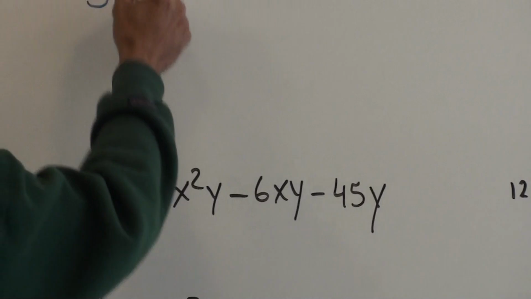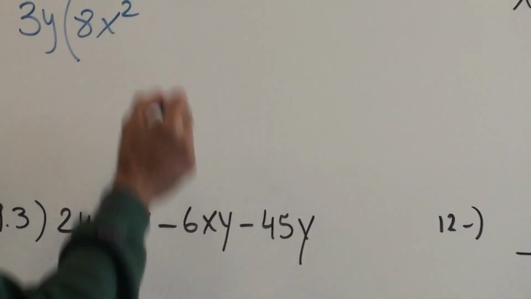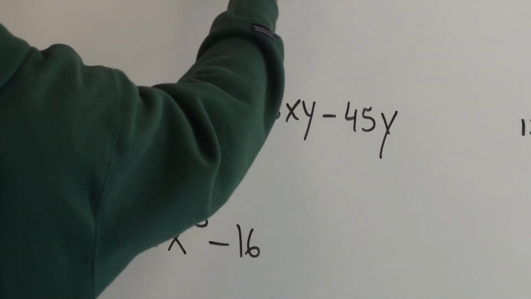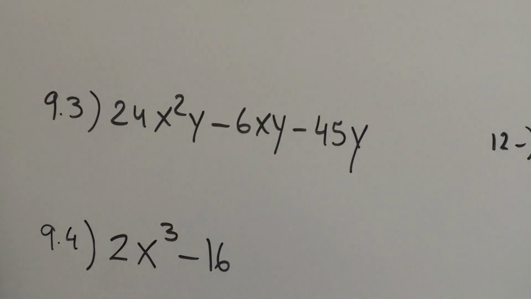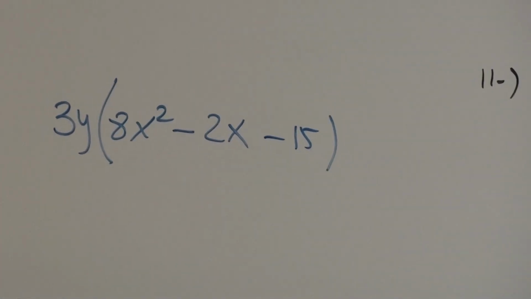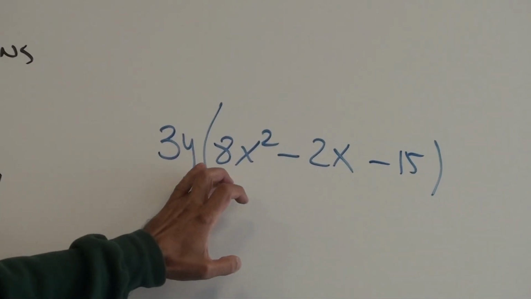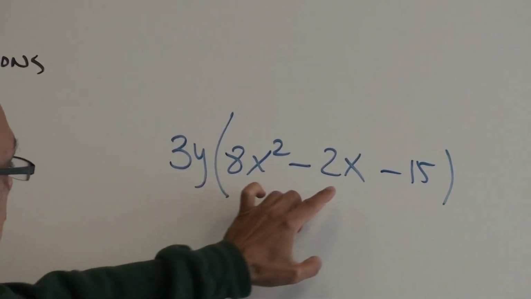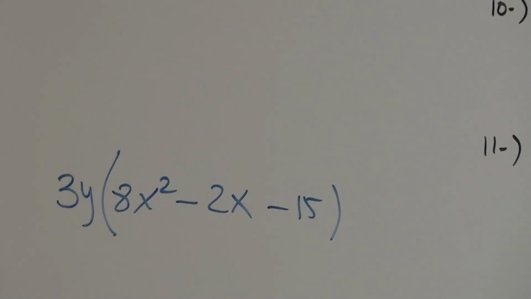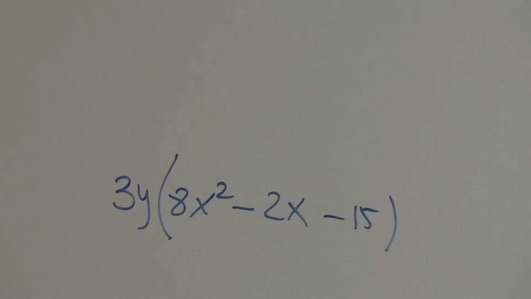So if I do that, 24 is going to be 8x squared. Here I'm going to have 2x, and here I'm going to have a 15. Let's see, is this correct? 3y times this is going to be 24y, and then it's going to be 6 here, and 3 times 15 is 45, so that's correct. So now let's see, can I factor these?